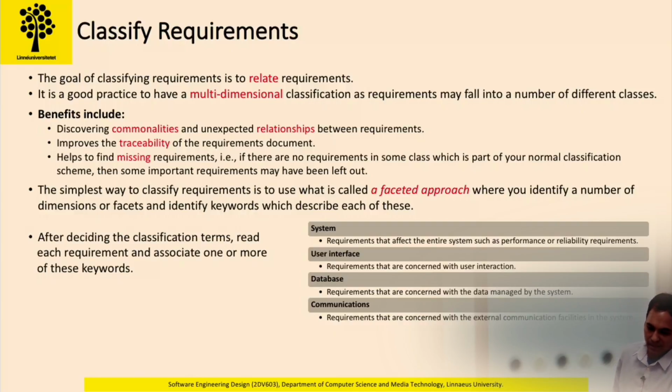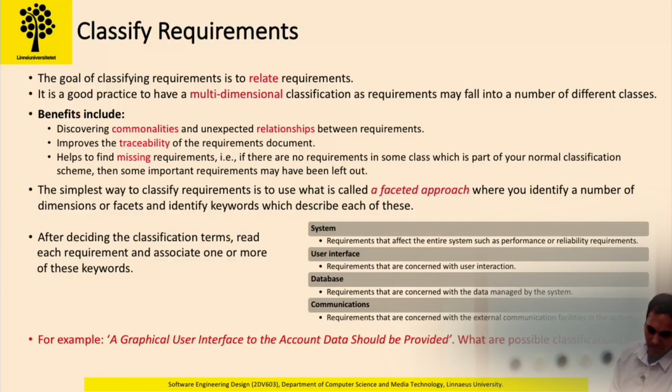Here is an example. A requirement saying a graphical user interface to the account data should be provided. What will be the possible classifications? This question is for you. We want a user interface, and we want to show the user account data. It can be banking data, or any data. What classifications can this requirement fall under?